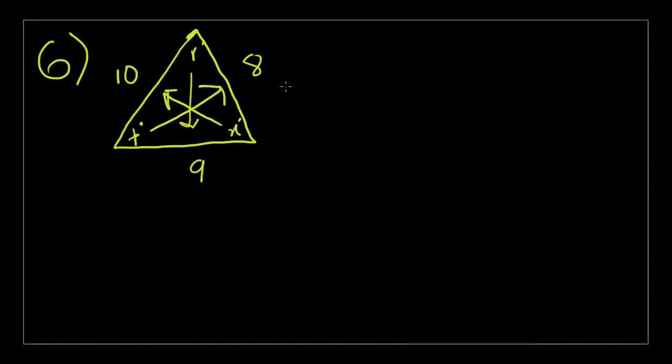So according to that, the smallest angle is T, and T is less than the middle angle, which is R, and that's less than the greatest angle, which is X, and that's choice A.